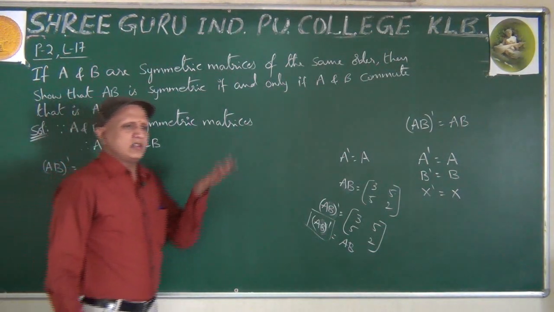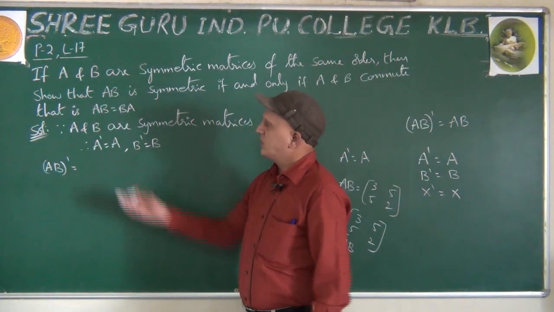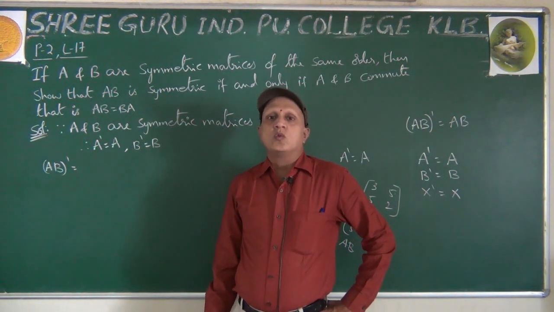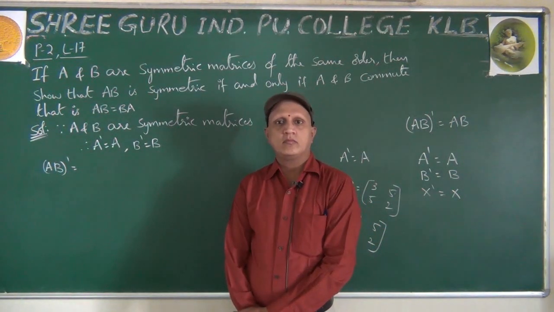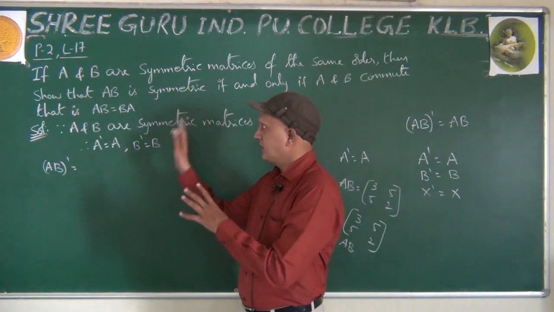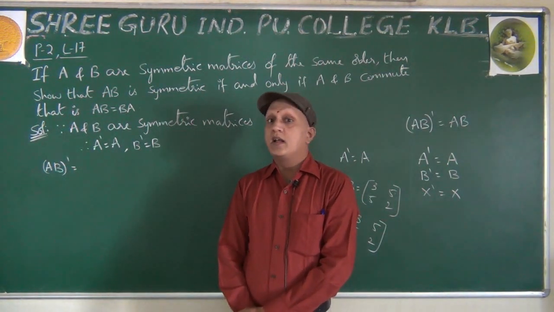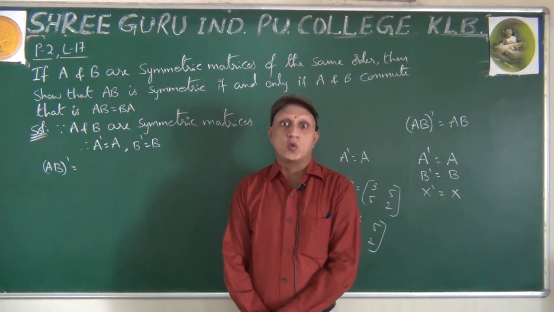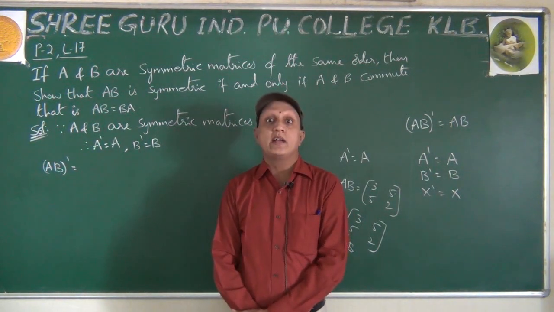Sir, in this question, they did not give A, they did not give B. What will you do by taking AB whole dash? They did not give, we are not taking. Sir, then how can you prove? There are some properties for transpose. Transpose properties: AB whole dash equal to B dash A dash.